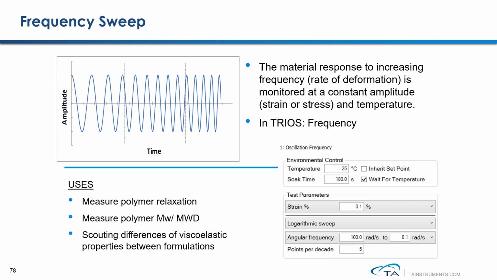For measuring semi-solid materials like personal care products, lotions, shampoos, and cosmetic products, the frequency sweep is also used to scout the differences of viscoelastic properties between different formulations.